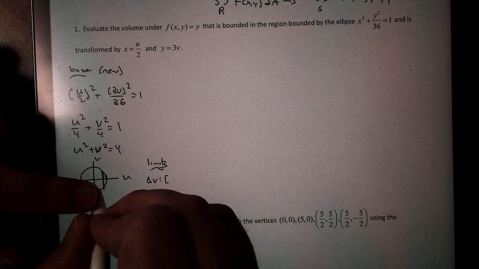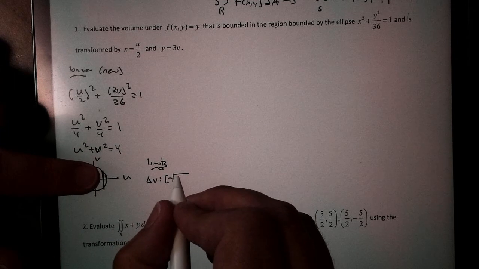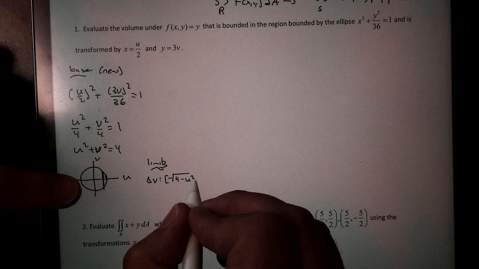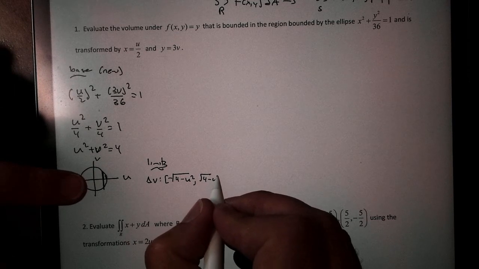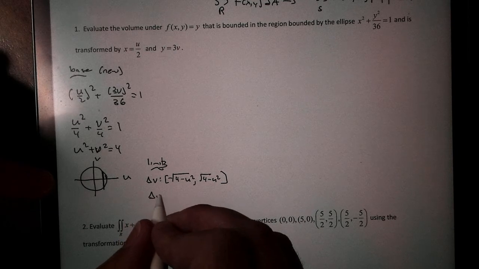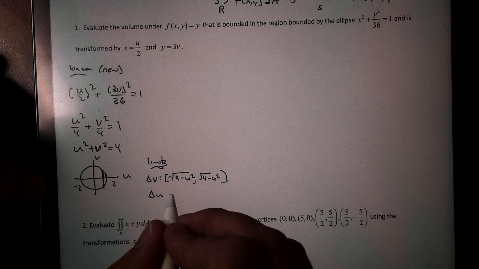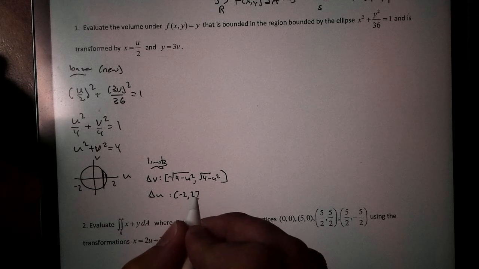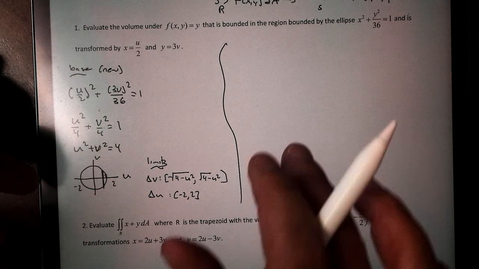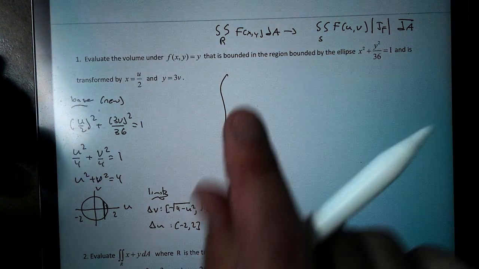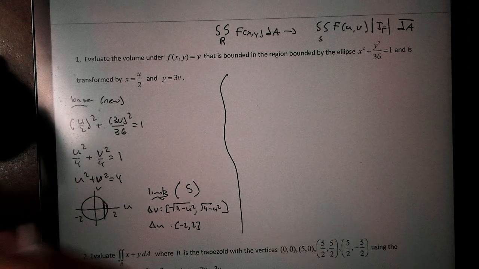Well, v goes from the bottom of the circle, the negative square root of 4 minus u squared, to the top, the square root of 4 minus u squared. And u, remember, this is a circle, radius 2, goes from negative 2 to 2. Now, so we've changed the domain. There's my S. This is our new domain. That's our new limit. That's S.